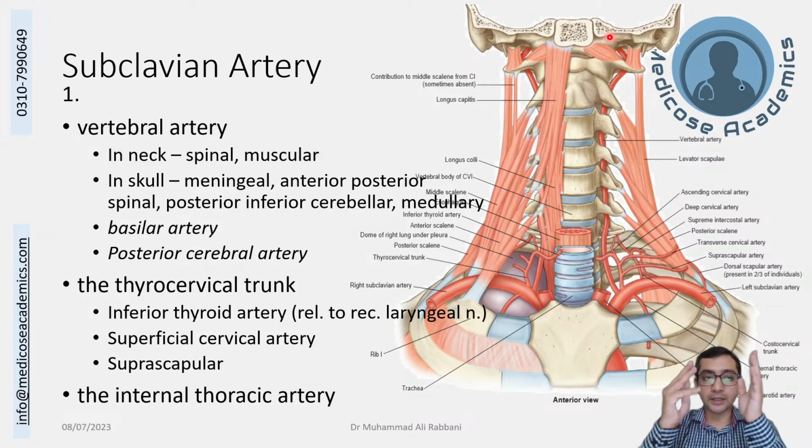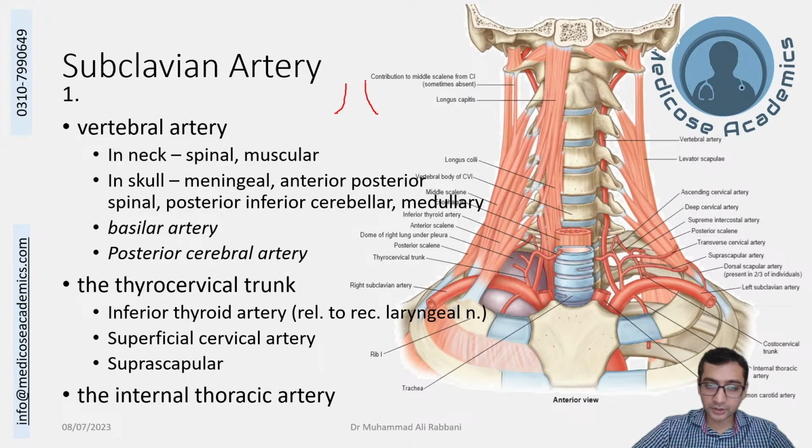In the cranial cavity, it will move on to the anterior aspect of the medulla oblongata, and both of them will join at the upper margin of the medulla oblongata to form the basilar artery. Then the whole discussion goes, what are the branches of the basilar artery and how the basilar artery ends by breaking into the posterior cerebral arteries. There's a whole discussion of the cerebral circulation.